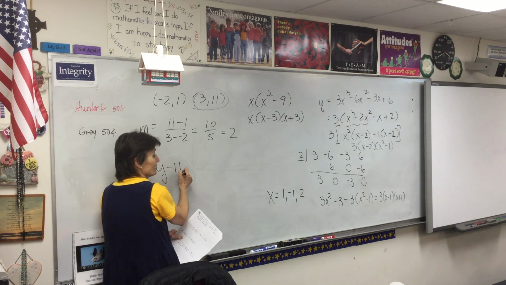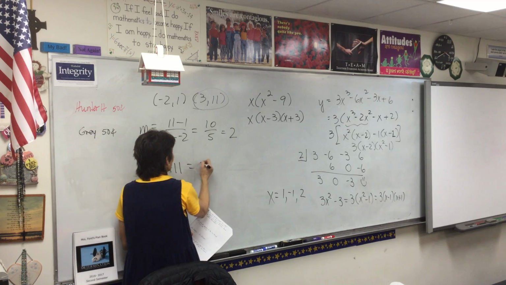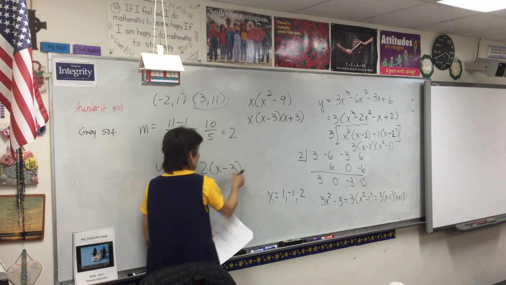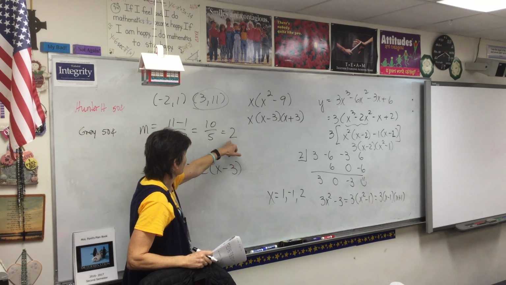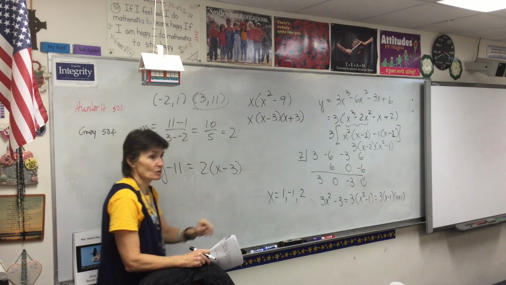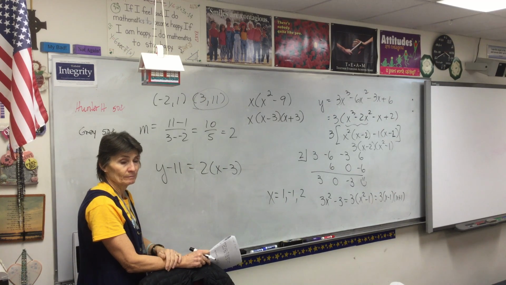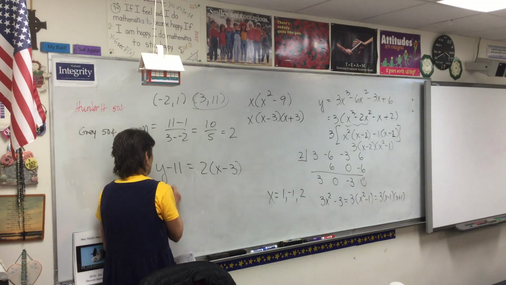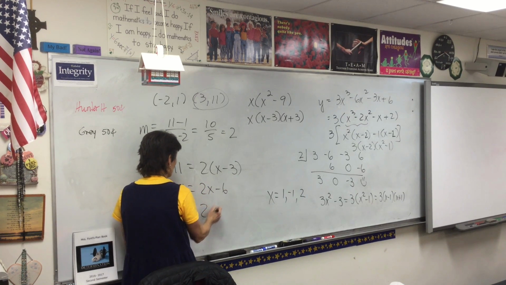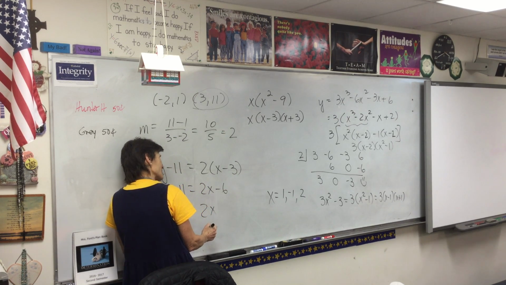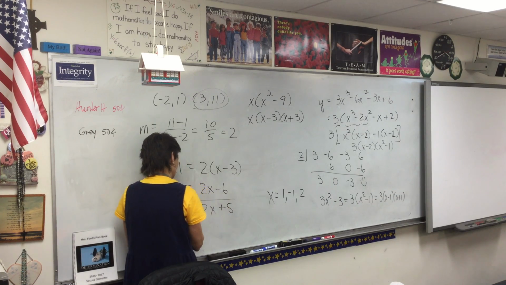Y minus 11 equals 2 times x minus 3. Y minus the y coordinate equals m times x minus the x coordinate. That's called point slope. So y minus 11 equals 2x minus 6, and y equals 2x plus 5.